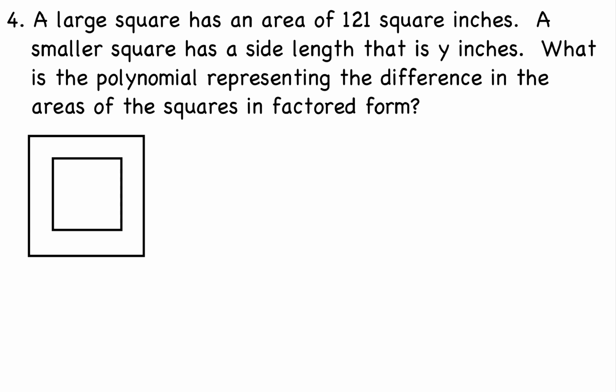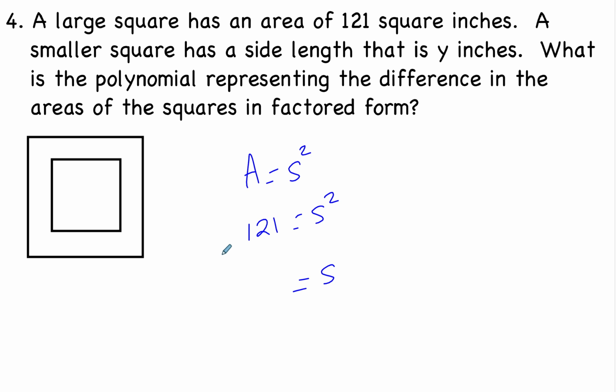And they're telling us that the large square has an area of 121 inches. Well, remember the area of a square is the side length squared. So if we know 121 is the side squared, how do we figure out what s is equal to? Well, we have to take the square root of both sides.